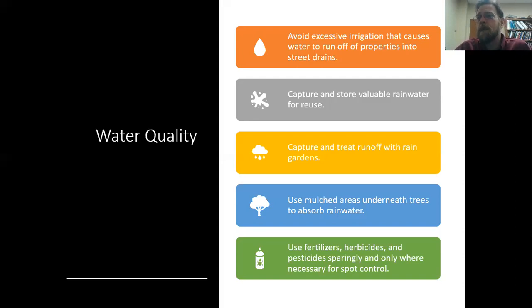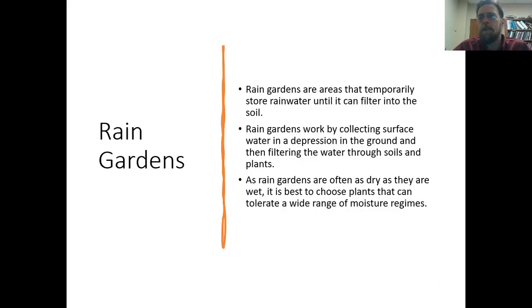We can put those into rain gardens. We'll talk about that a little bit. We can conserve water around trees by using mulch. And again, really only using proper amounts of any pesticides to make sure that we're not over applying those and letting those get out into our water system.